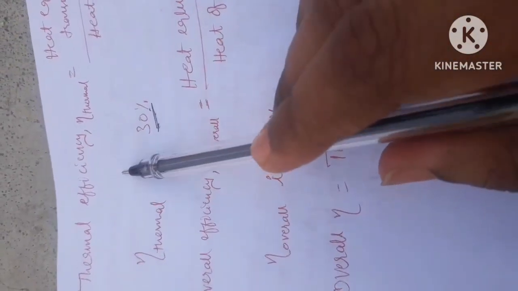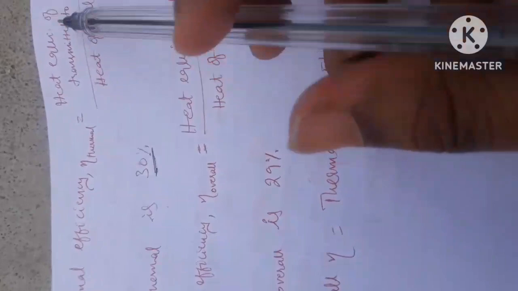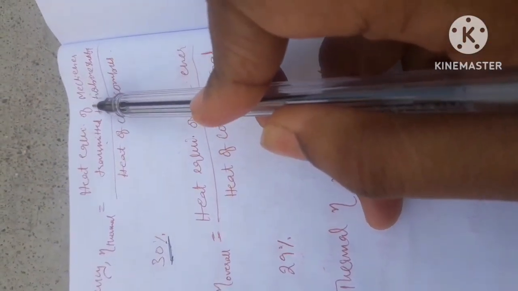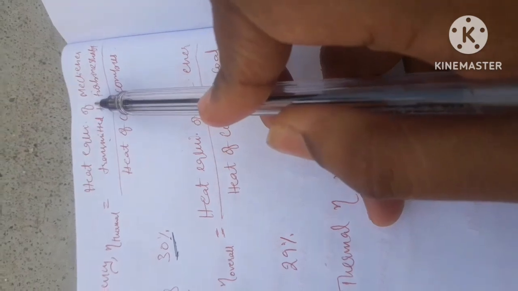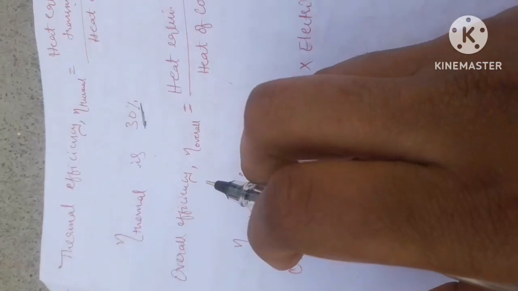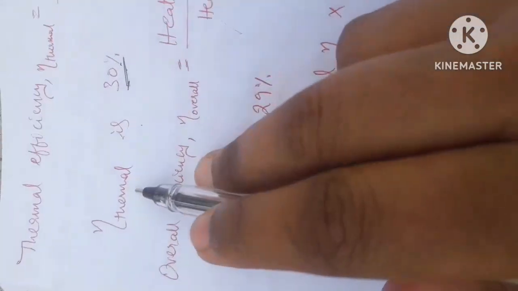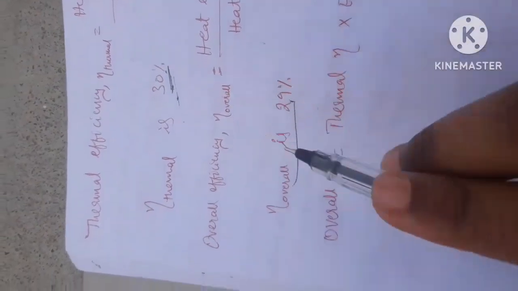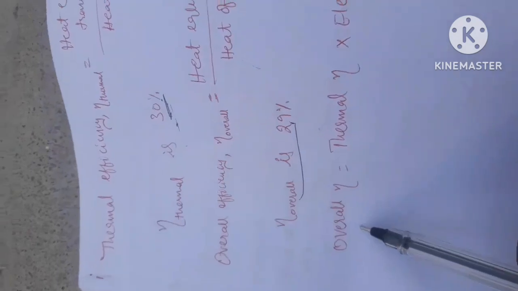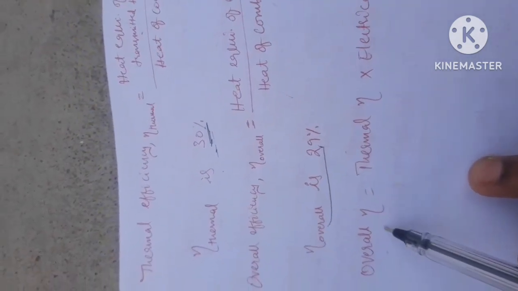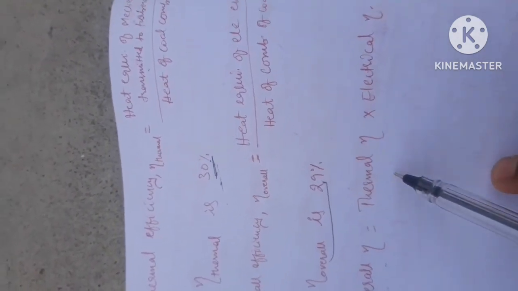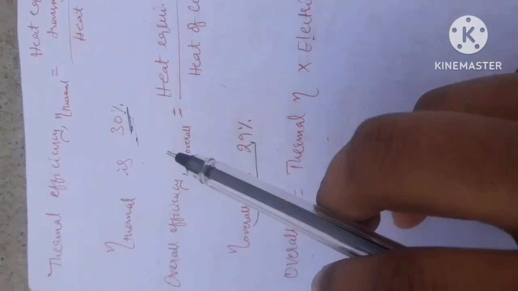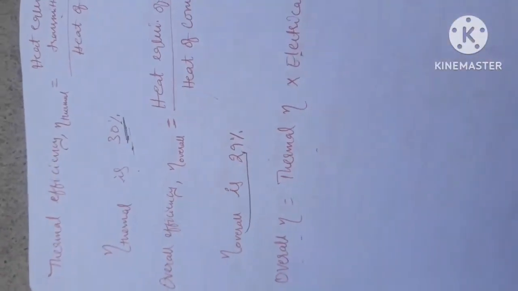If we want to calculate the thermal efficiency, the formula is heat. So these are important: thermal efficiency is 30%, overall efficiency is 29%. If we want to calculate the overall efficiency, the formula is thermal efficiency times electrical efficiency. So this is about the steam power plant.